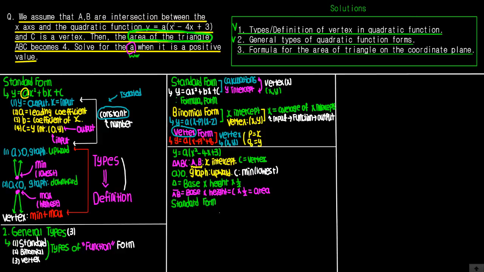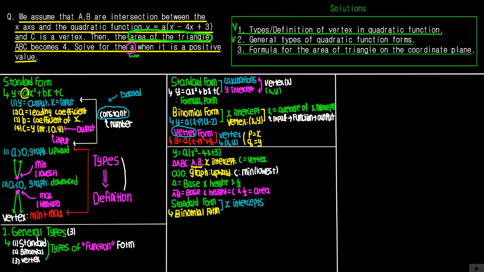And in order to solve for our x-intercepts, as we learned in the first solution, all you have to do is convert standard form into binomial form, which is optimized for solving for the x-intercepts. So we're converting standard form into binomial form to solve for the x-intercepts, to solve for our base AB.